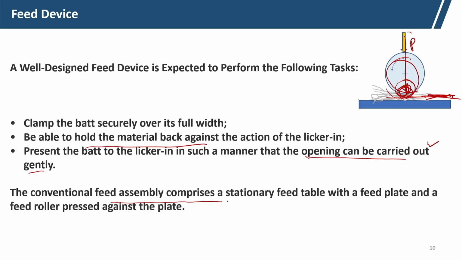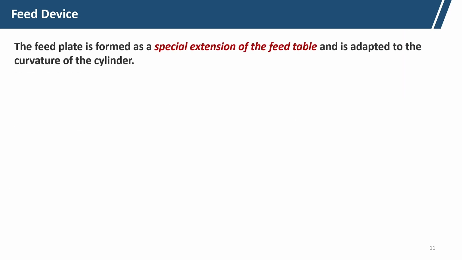The conventional feed system comprised a stationary feed table with a feed plate and a feed roller pressing against the plate. So, in the conventional system there was a harsh treatment, but in the latest system the feed plate is formed as a special extension of the feed table and is adapted to the curvature of the cylinder.